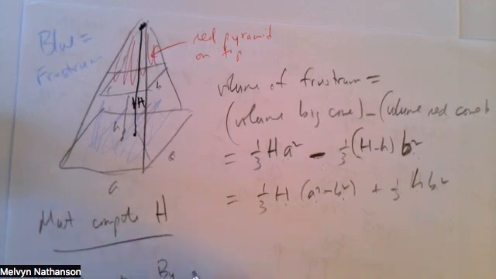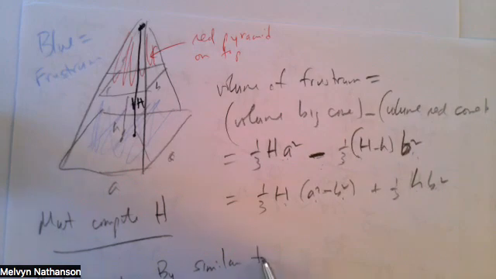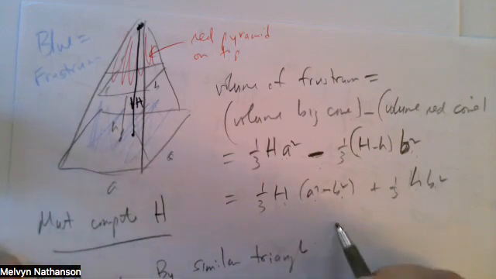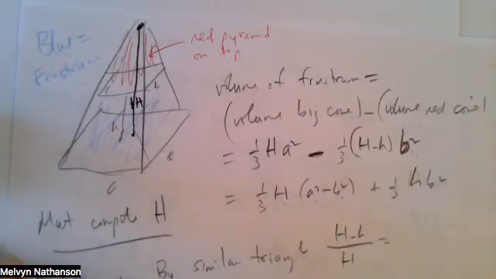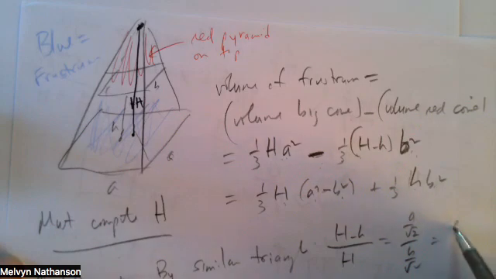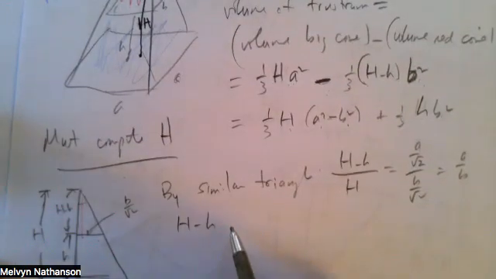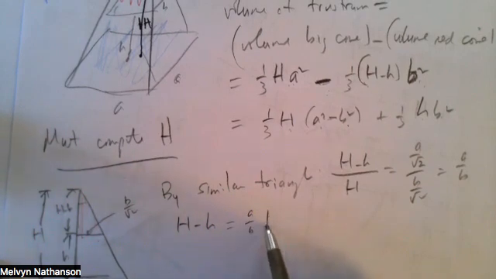And by similar triangles, this red triangle is similar to the whole big triangle. The ratio of this height to the big height, H minus little h over capital H, is like the ratio of the bases, A over root 2 over B over root 2, which is A over B. And I can solve this equation for capital H. This says H minus little h is A over B times H.